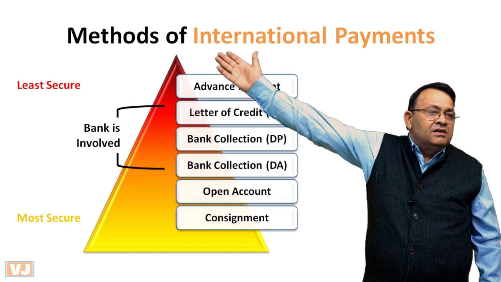But it is the costliest method. It has a level of security for both the parties, that is the supplier as well as the importer, that is balanced. The risk or the protection for both the parties are very similar in nature because of the involvement of the third party, that is the bank.